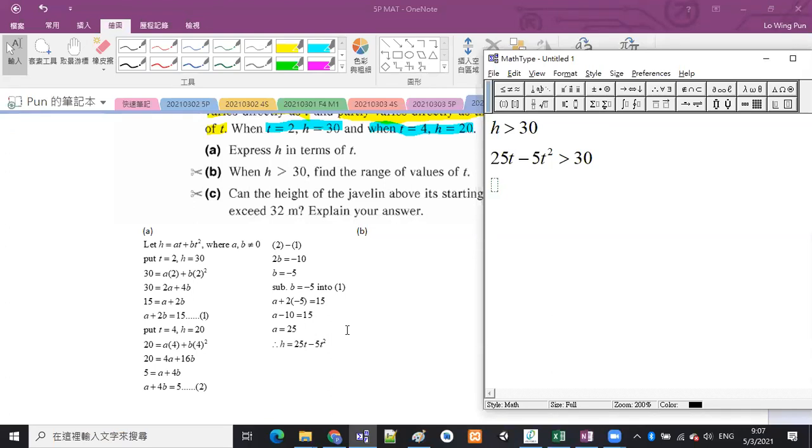Okay, so leaving the 0 on the left, which is larger than 5t squared, and then minus 25t and plus 30 on the right. Okay, and we write it on the left, 5t squared minus 25t plus 30. Because 0 is larger than this expression, which means that when I write this expression on the left, it should be less than 0. It's okay?